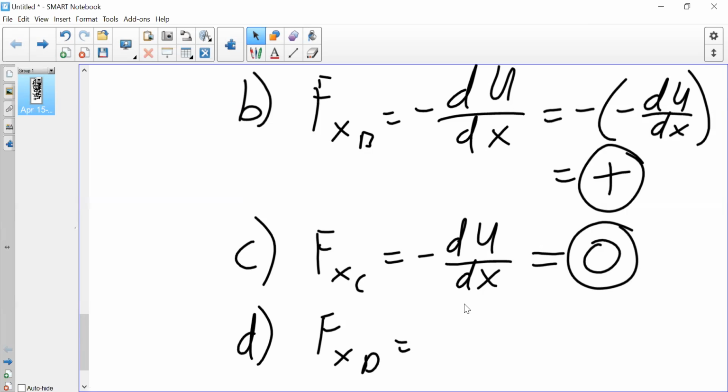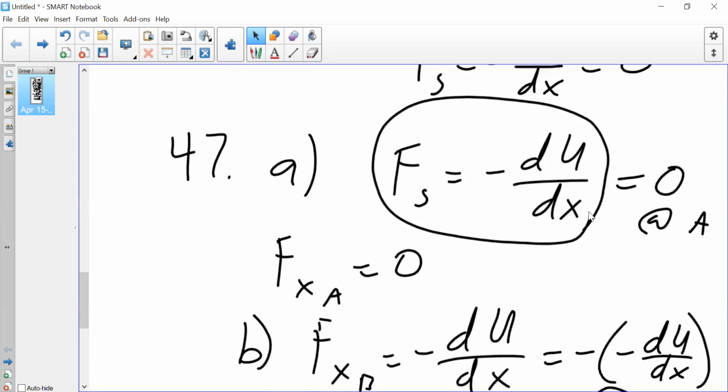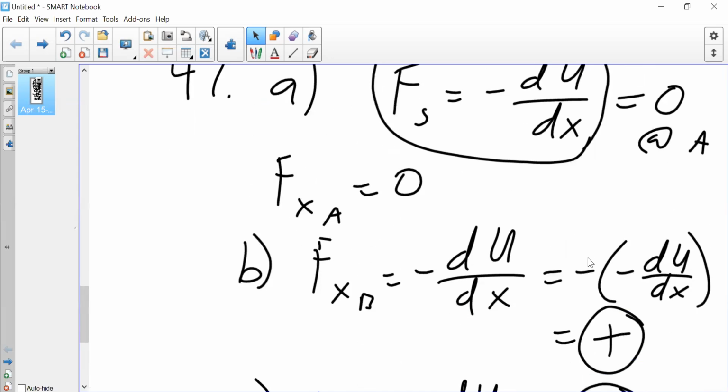You can assign it to the outside of this definition, even before you get to the nuance, if you will. It's positive. This entire function is positive. Therefore, the entire thing for force is negative, because negative times positive. And that's basically what we did here in part B. The slope of the entire function is negative, positive.